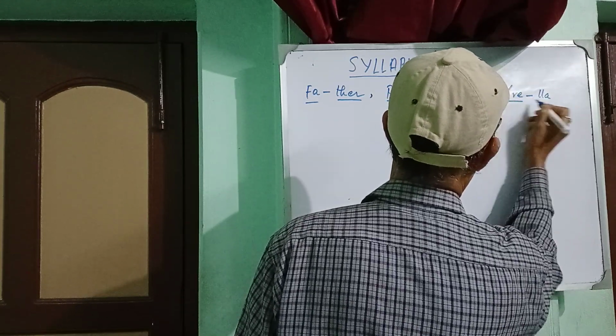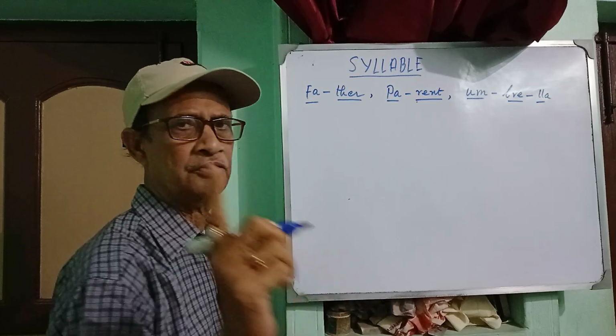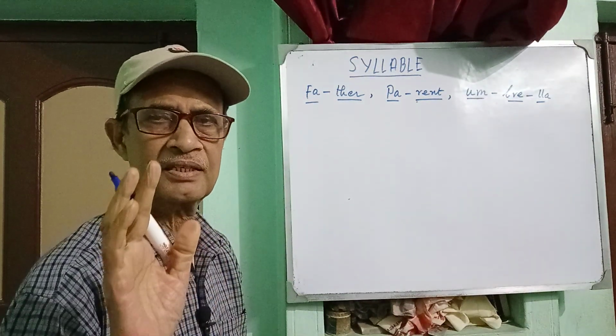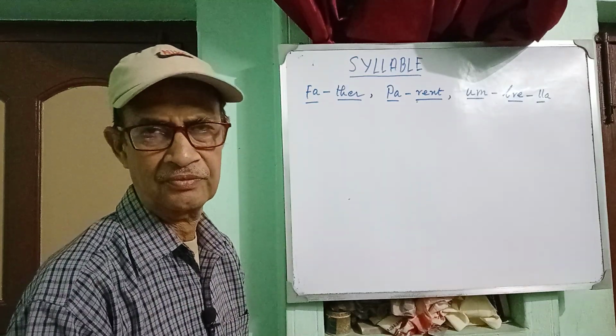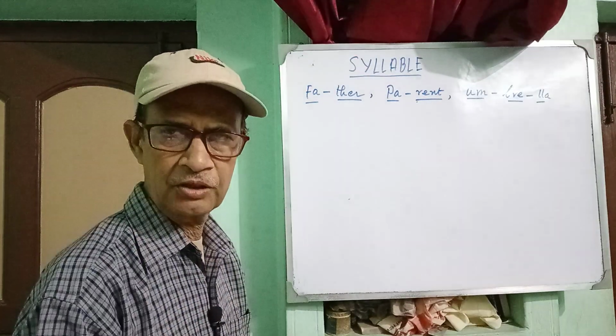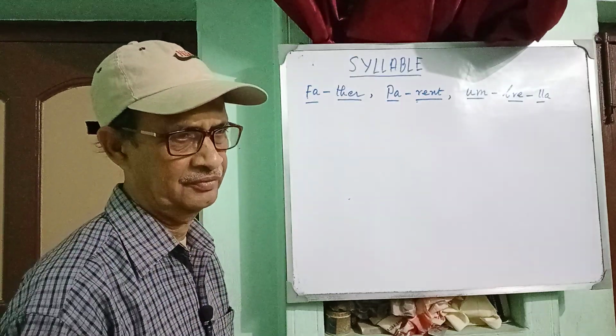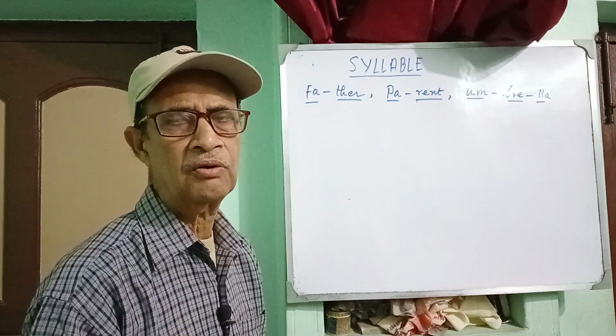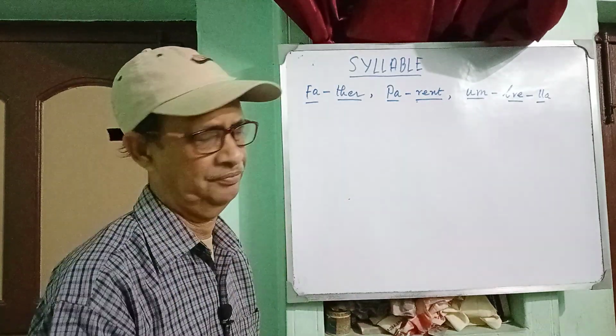Umbrella. So there are three vowel sounds and there are three syllables. I hope you have understood the matter. So one vowel sound is equal to one syllable.